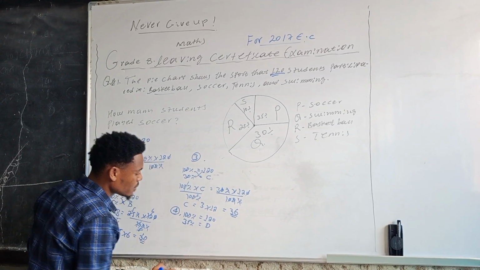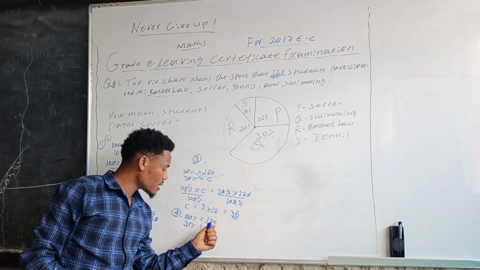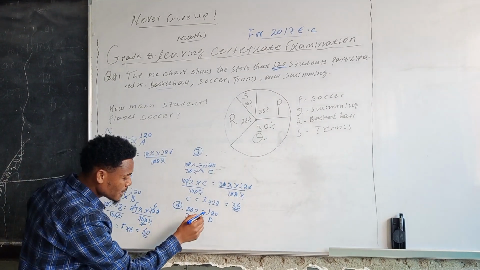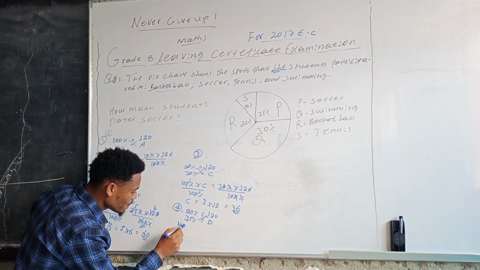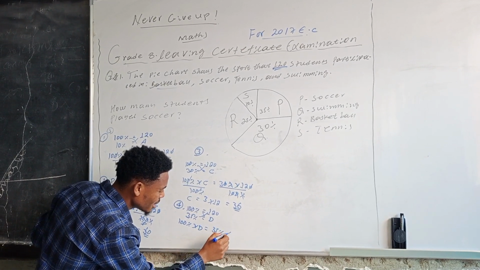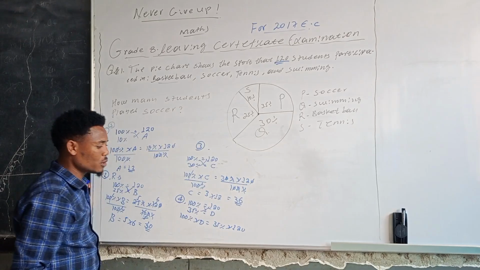So how many of the total of 120 students played soccer? By crisscross multiplication, 100% multiplied by D equals 35% multiplied by 120.